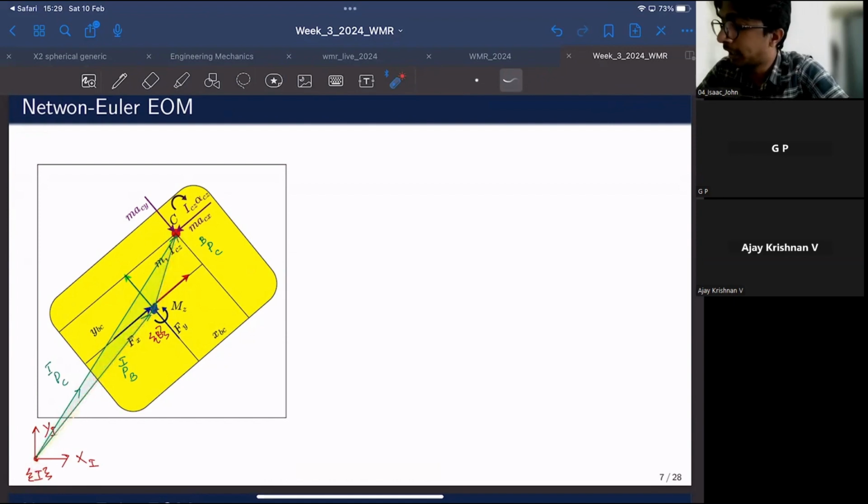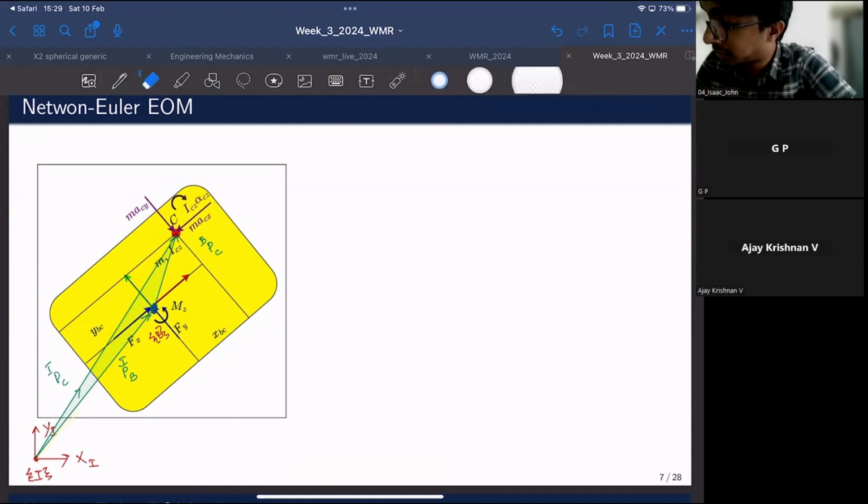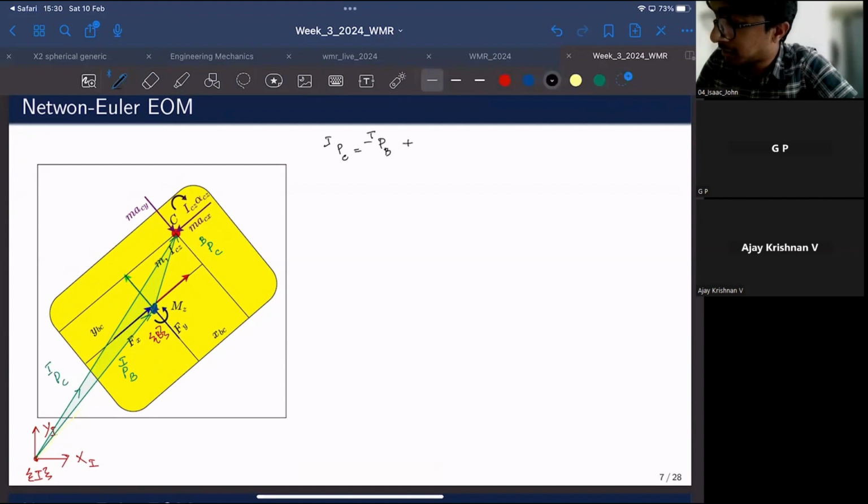So vectorially, you can easily write it like this: the position vector of C with respect to I is the position vector of B with respect to I, plus the position vector of C with respect to B, pre-multiplied by the rotation matrix of B with respect to I. I hope this is clear enough.